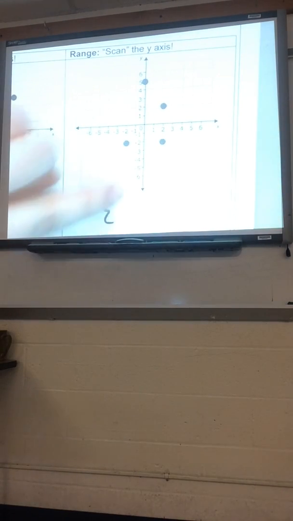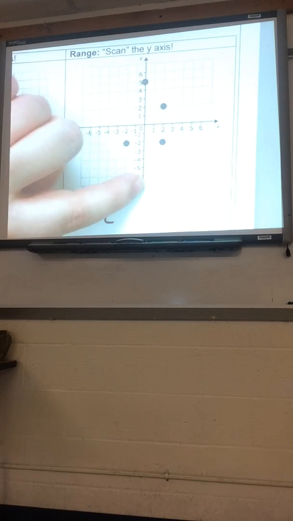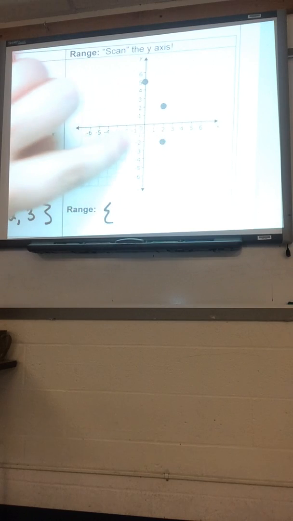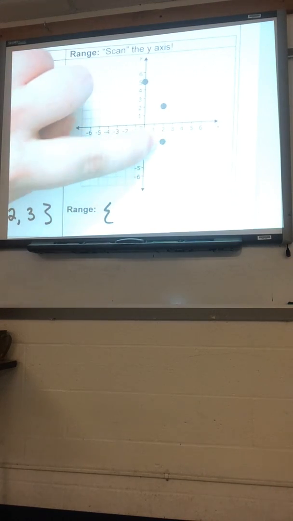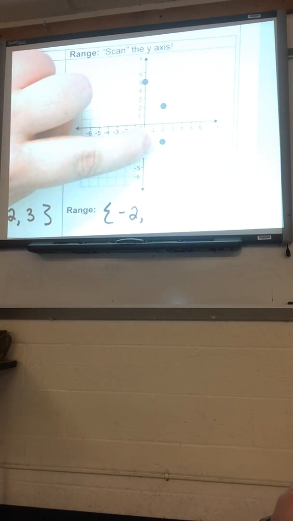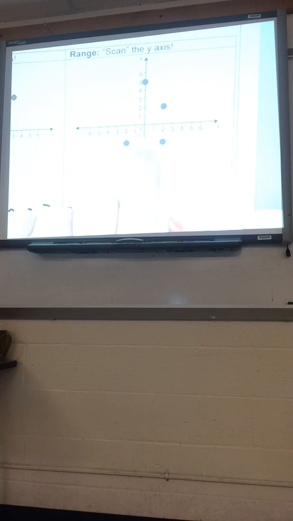Start with my brace, and here I go, I'm working up. Oh, boop. Alright, so I've got 2 dots here where the y value is -2. I don't need to write -2 twice. I'm just going to write it 1 time, because like we said, we don't repeat numbers. So I'm going to put -2 for those 2 dots. And then I'm going up. Boop. Oh, stop again at 2.